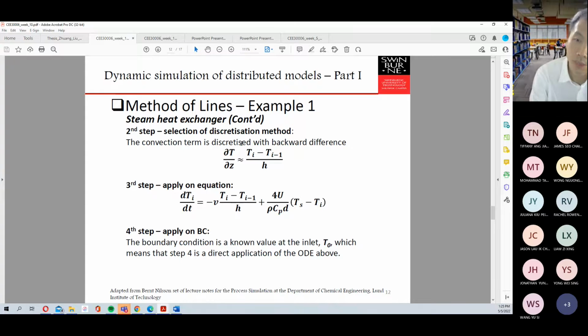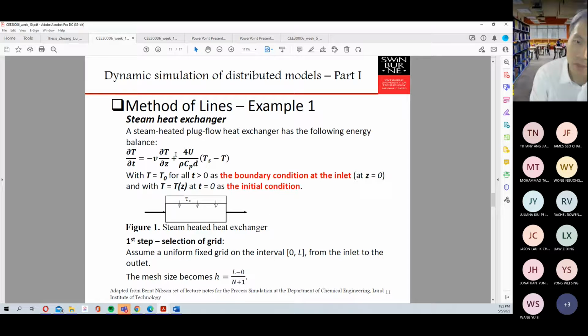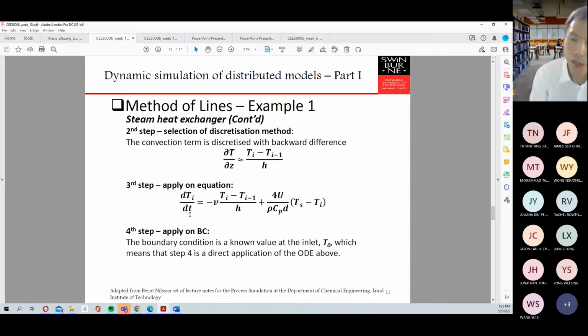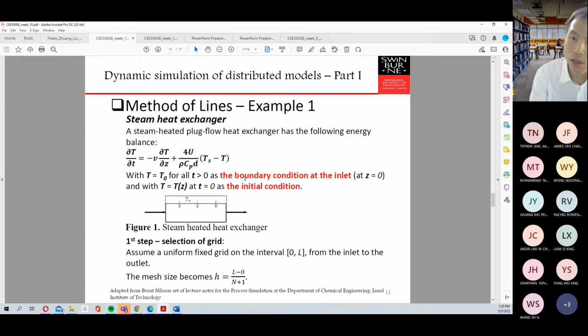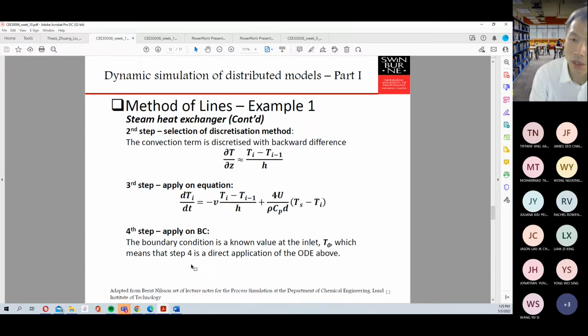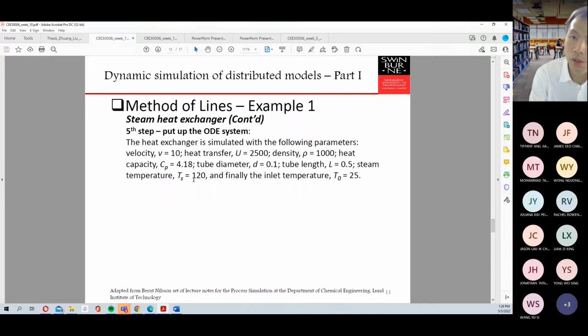We replace this particular term with this particular approximation. If we substitute this into this, we essentially get this particular form. Then we are dealing with the simple boundary condition here, that T is equal to T naught at Z equals 0.